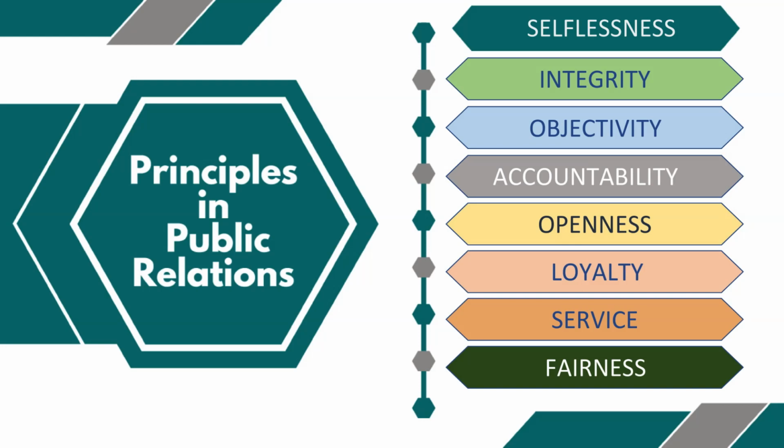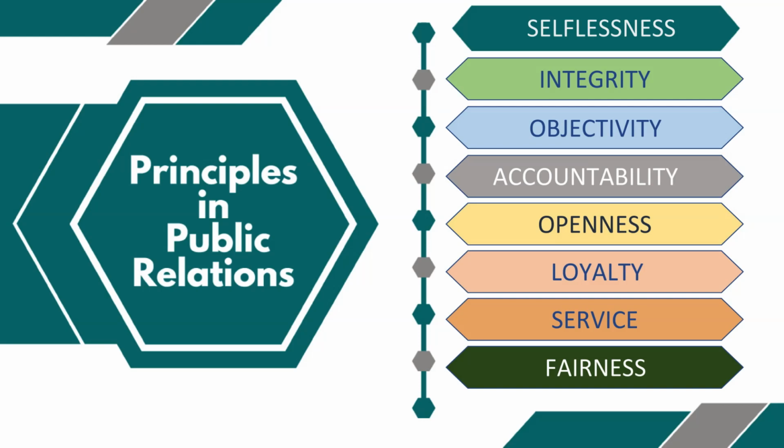The next point is objectivity. Now, in carrying out public business, including making public appointments, awarding contracts, or recommending individuals for rewards and benefits, public officials should take decisions based on merit, not based on alliance or on what they can benefit the most.